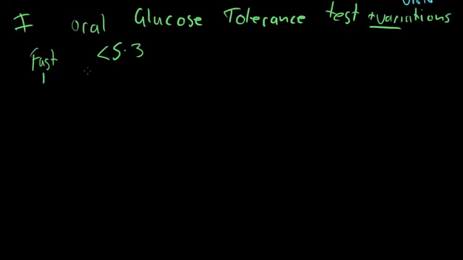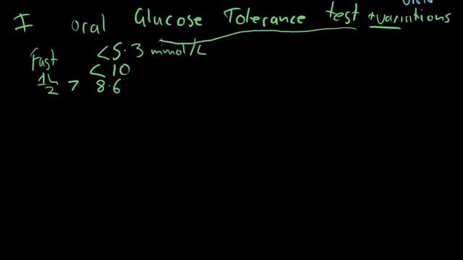If after an hour it's greater than 10, not good. After 2 hours, greater than 8.6, not good. And this is all in millimoles per liter. There's plasma tests as well, but this is the oral glucose tolerance test, I think is the main way it's diagnosed, and then there's variants for screening that I won't bother talking about.